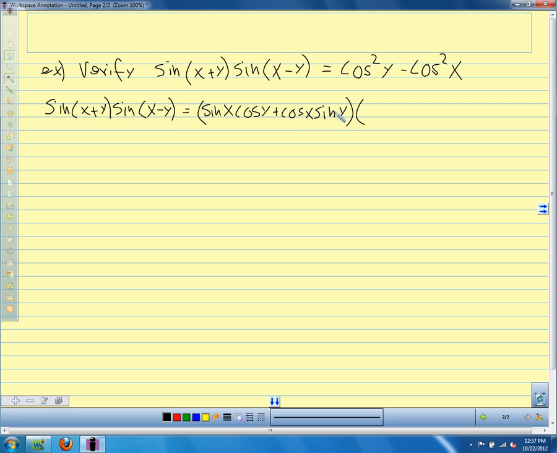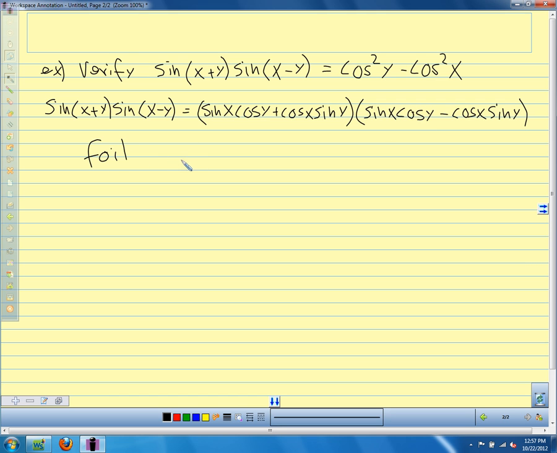So this is sine x cosine y minus cosine x sine y. So I just rewrote this first term using the sum formula, and the second term using the difference formula. Now I'm going to FOIL this big set of parentheses.